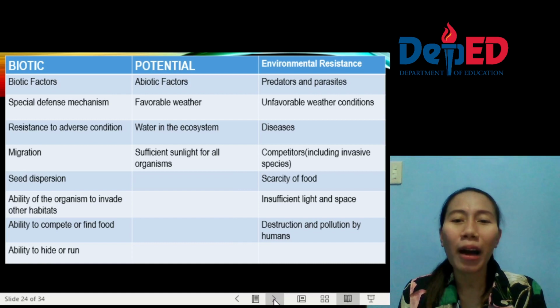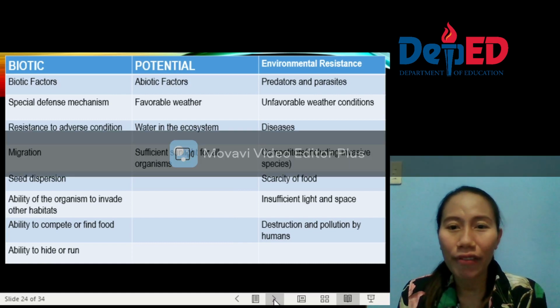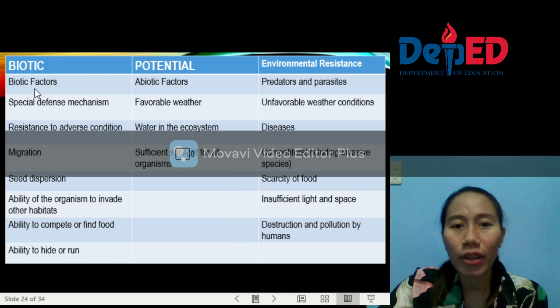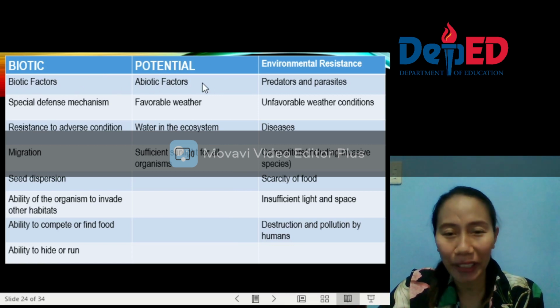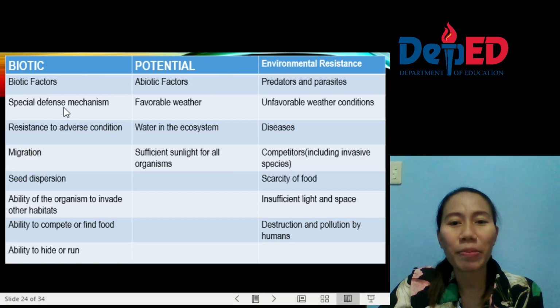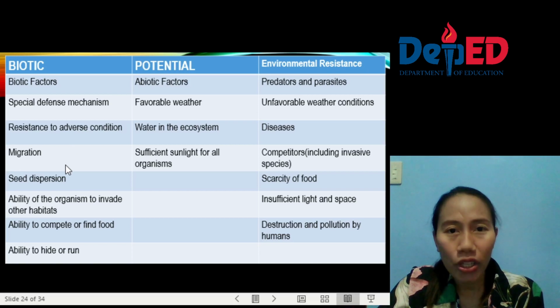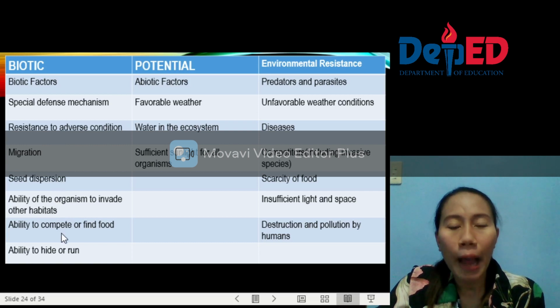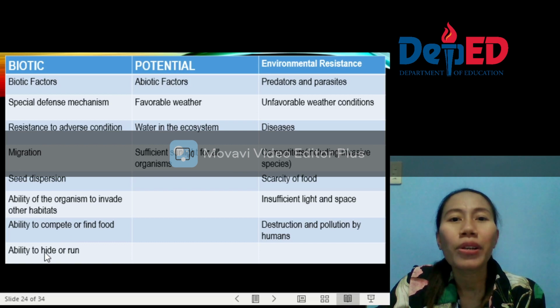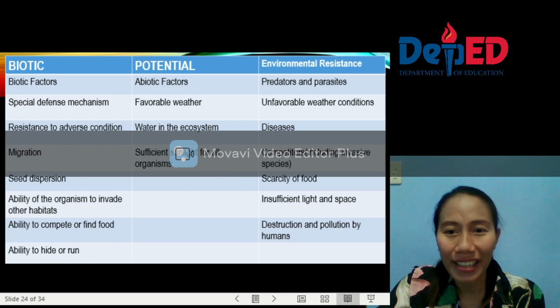Okay, to sum up, let's have this one. You have there the biotic potential. Under biotic potential, you have biotic factors and abiotic factors. For biotic factors, you have special defense mechanism, resistance to adverse condition, migration, dispersion, ability of the organism to invade other habitats, ability to compete or find food, ability to hide or run.